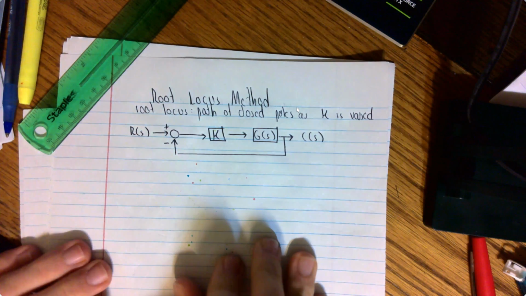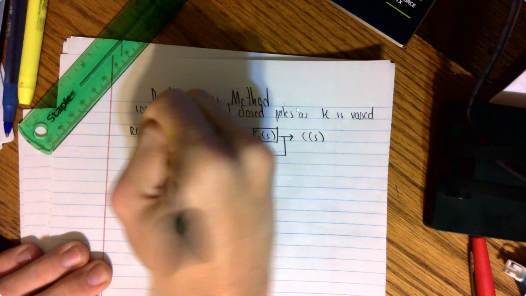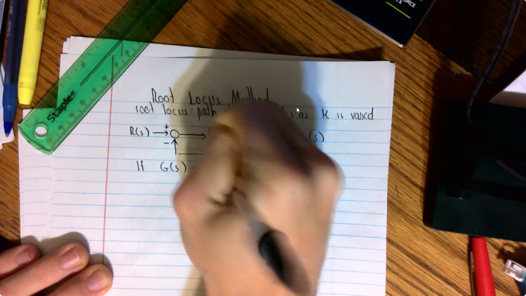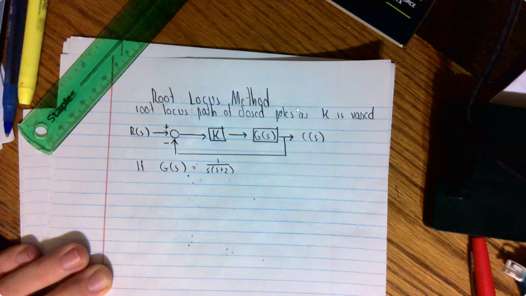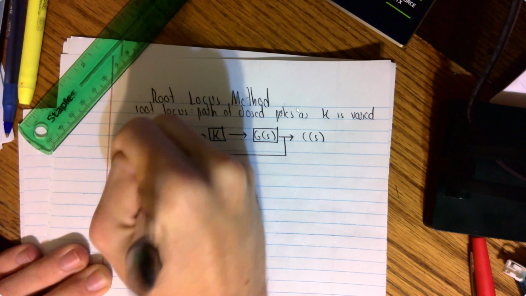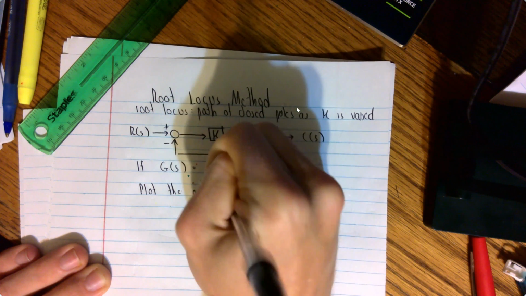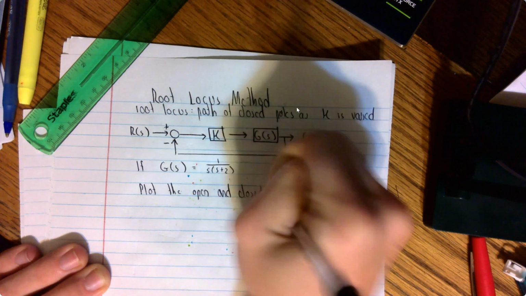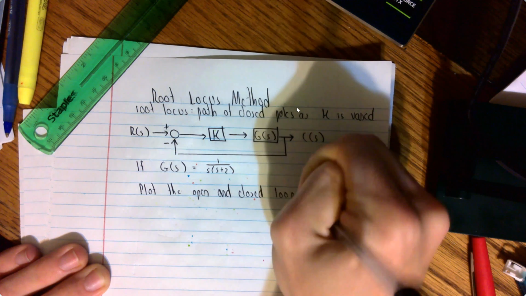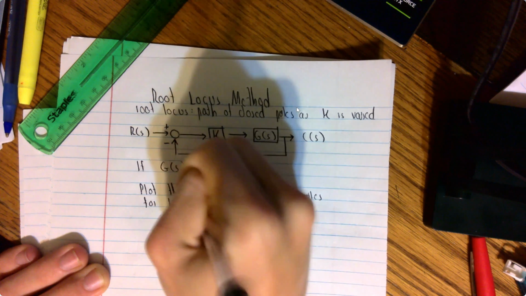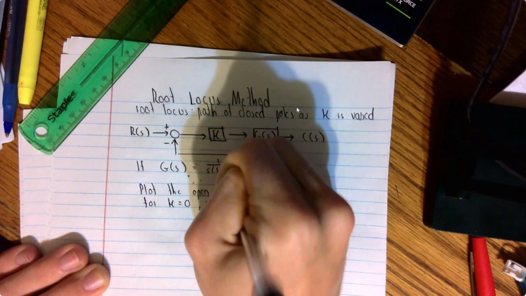So if G of S is equal to 1 all over S times S plus 2, we need to plot the open and closed loop poles for K equals 0, 1, and 2.